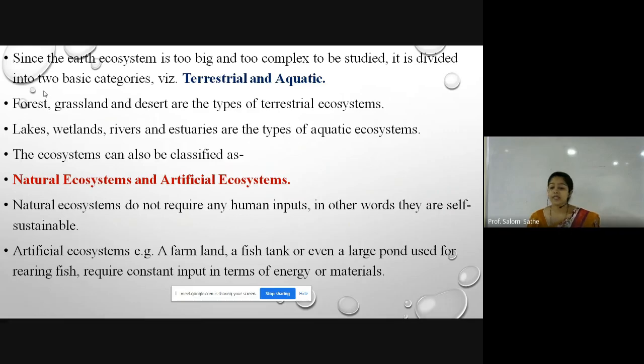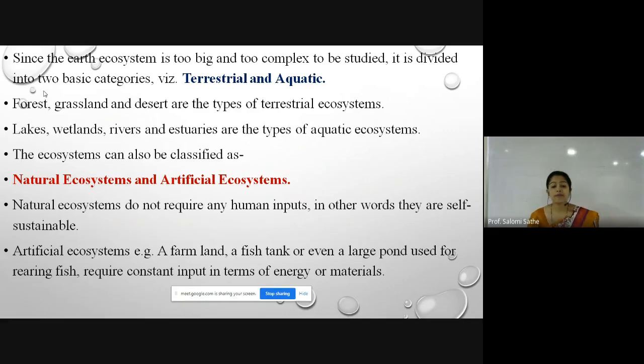Terrestrial means forest, grassland, and desert. These are the types of terrestrial ecosystem. And what about aquatic? Here, the lake, wetland, rivers, and estuaries are the types of aquatic ecosystem.